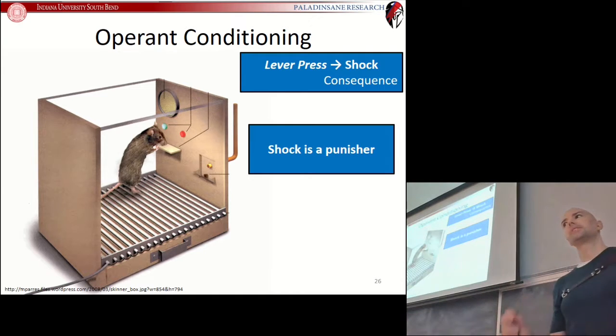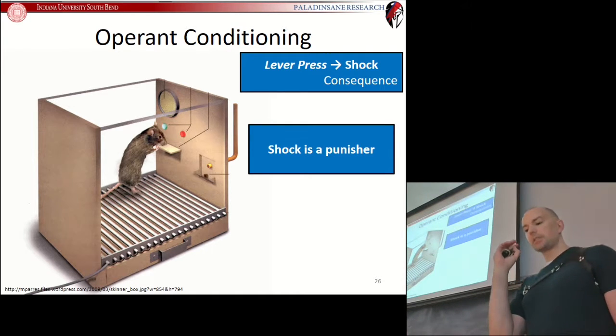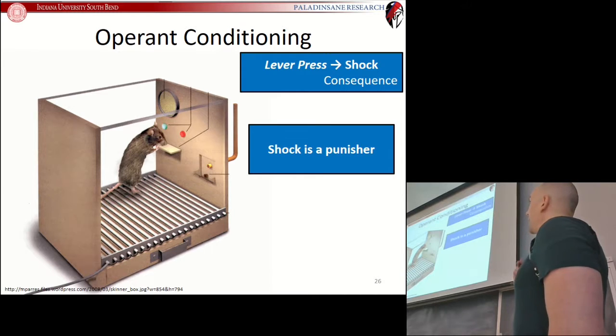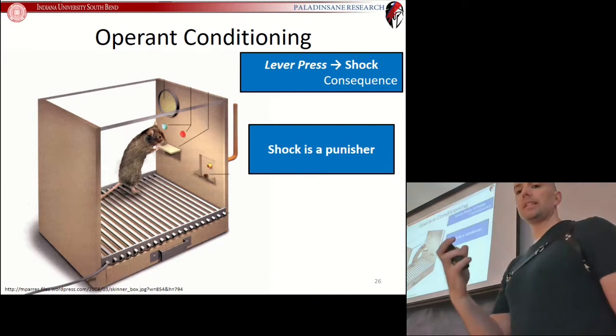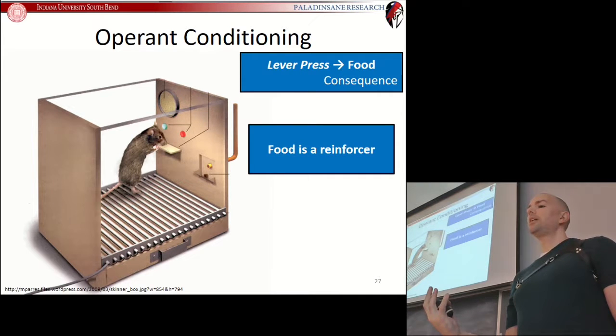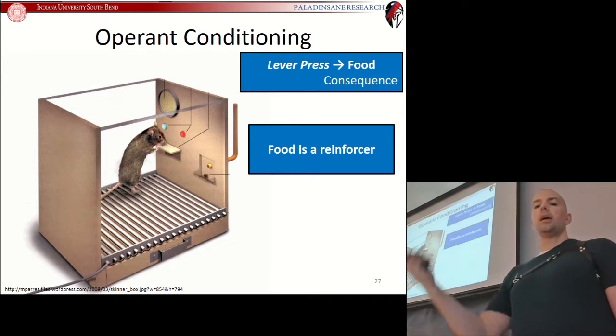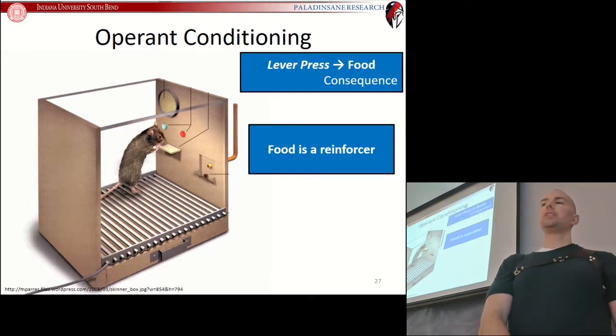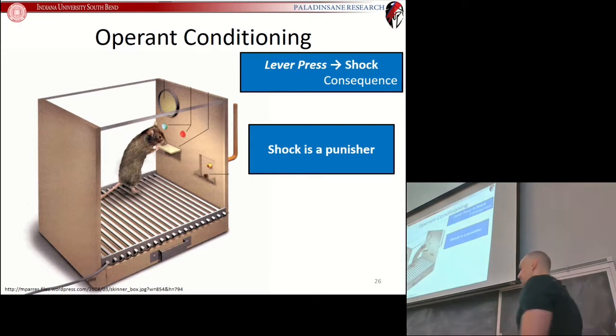But in operant conditioning and in the psychology of learning, it's a very specific term. A reinforcer is anything that leads to an increase in the probability of a response. A punisher is anything that leads to a decrease in the probability of a response.